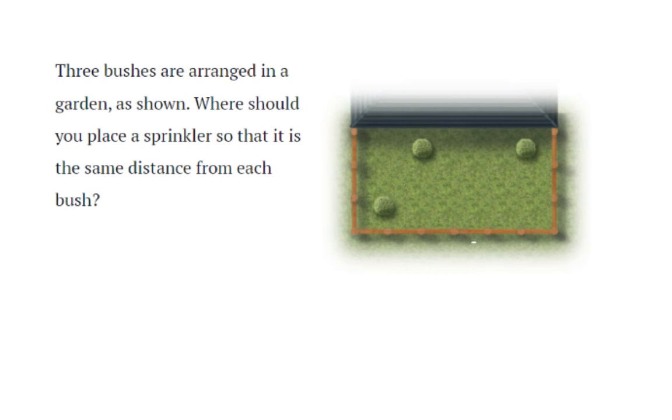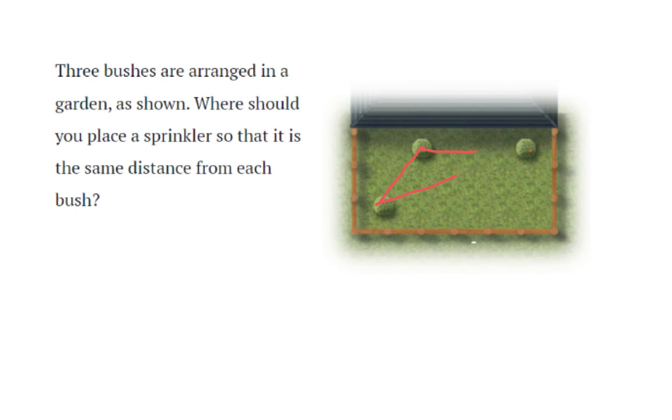It says 3 bushes are arranged in a garden as shown. Where should you place the sprinkler so that it's the same distance from each bush? What we talked about before is finding a point that's equidistant from the vertices of a triangle, and we did that by looking at the perpendicular bisectors of all those sides.